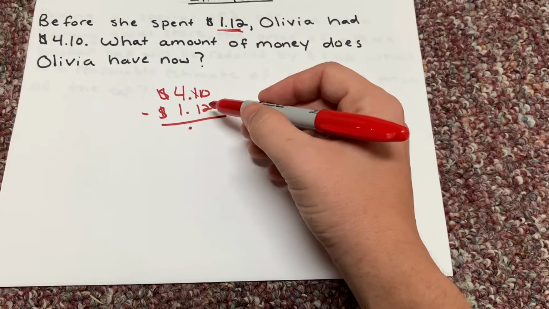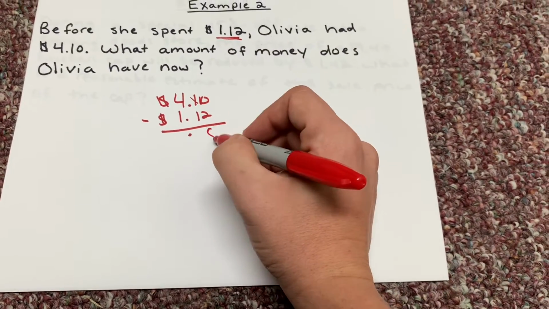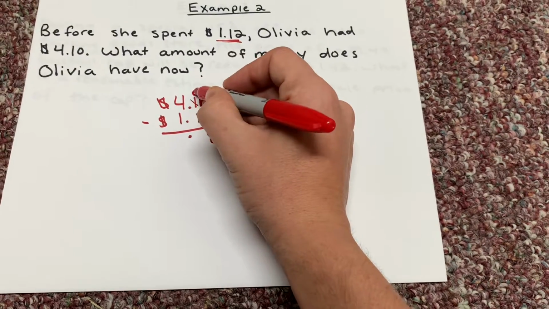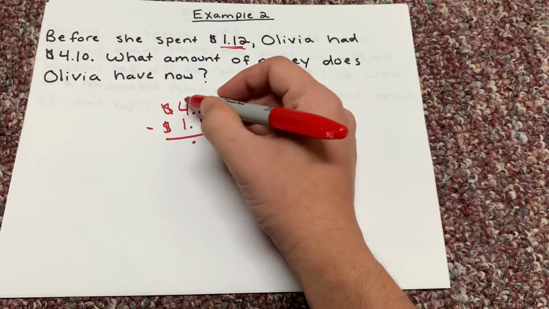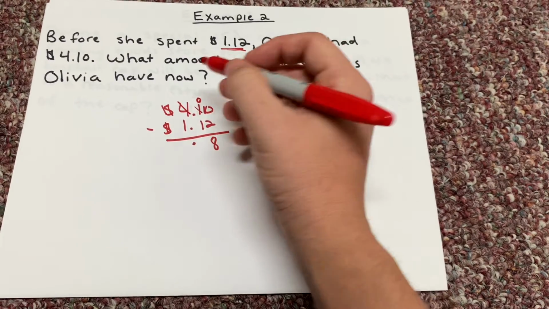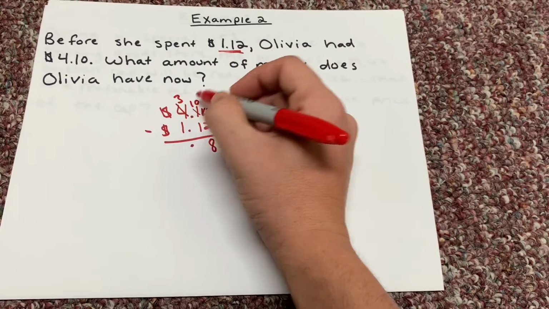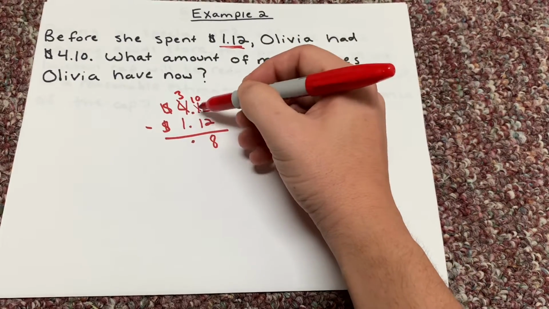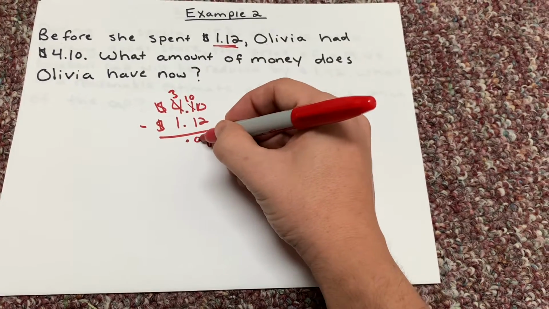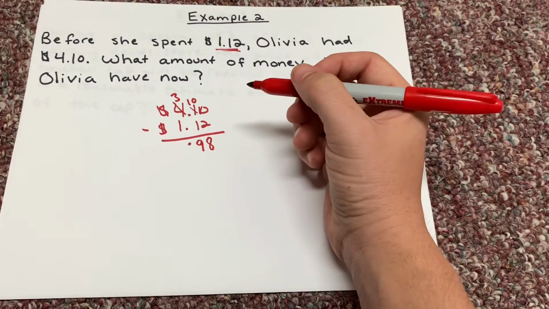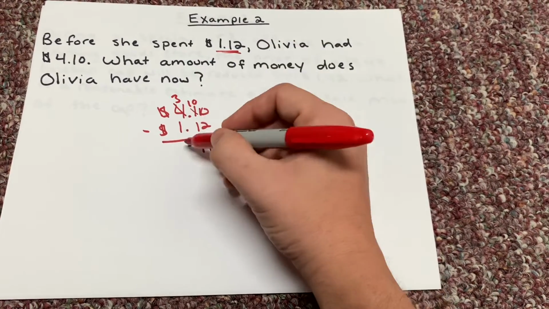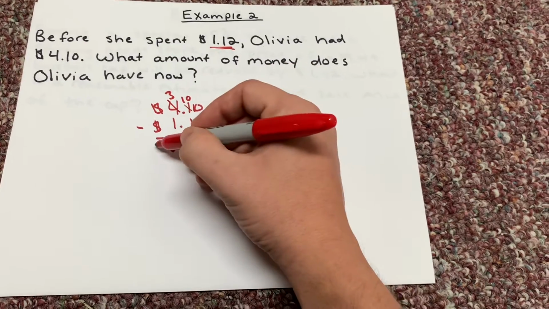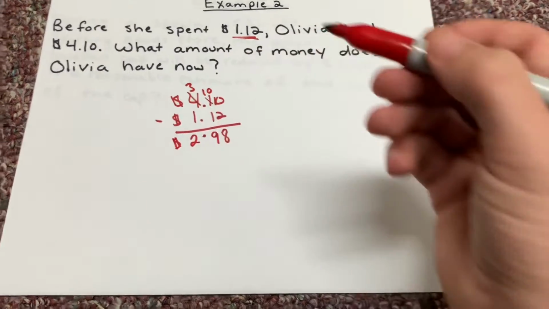So take 2 from 10, that gives me 8. Now over here I have 0, and again I cannot take 1 from 0, so I have to borrow again. This becomes 3, and this again becomes 10. So I take 1 from 10, and that gives me 9. Then in my last column, I'm taking 1 from 3, which gives me 2. Then I bring down my dollar sign.